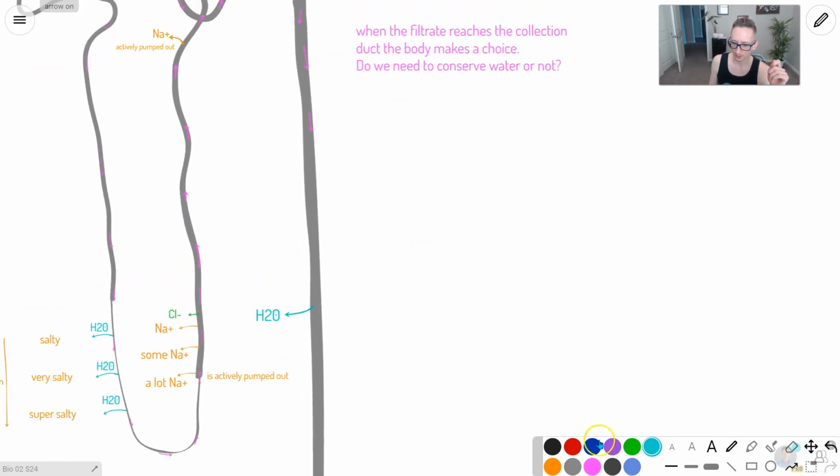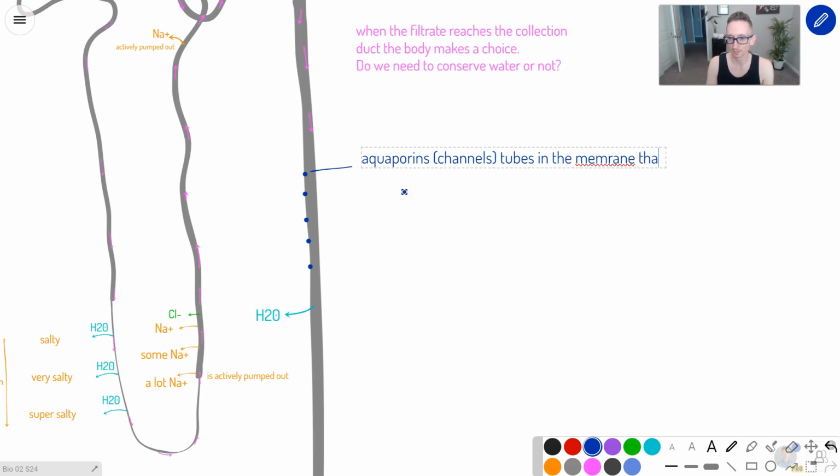So along this tubule, we can also have things called aquaporins. These are called aquaporins. And they're channels, tubes in the membrane that allow water to pass through them super easy.